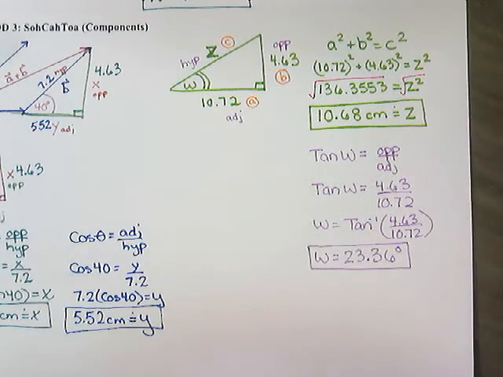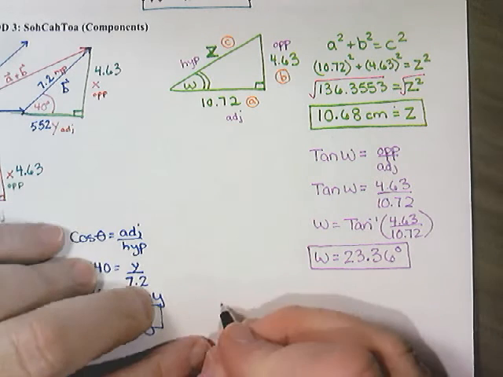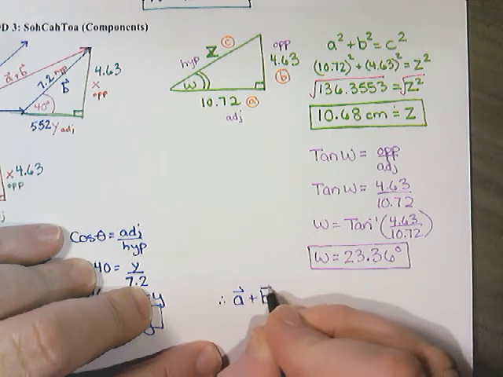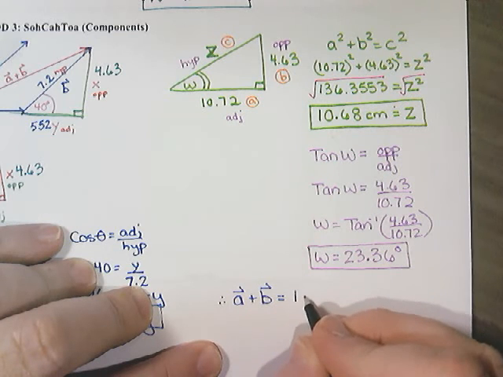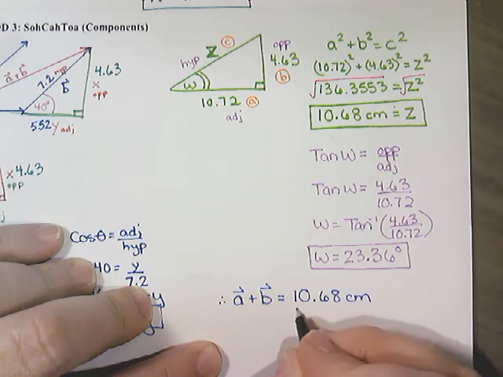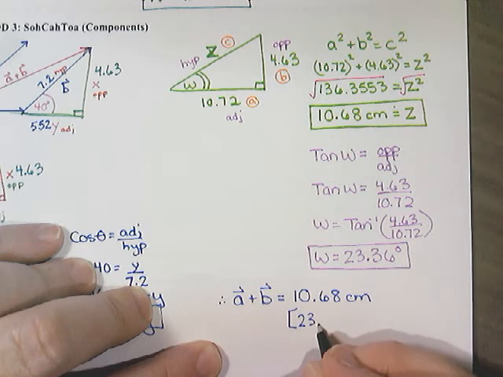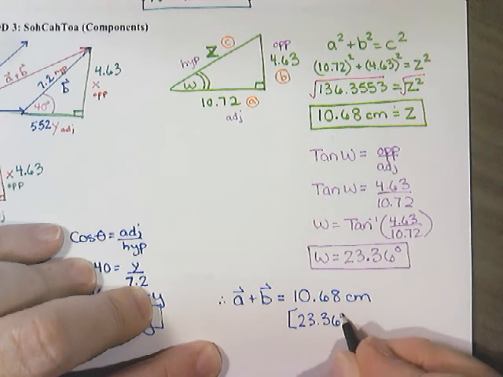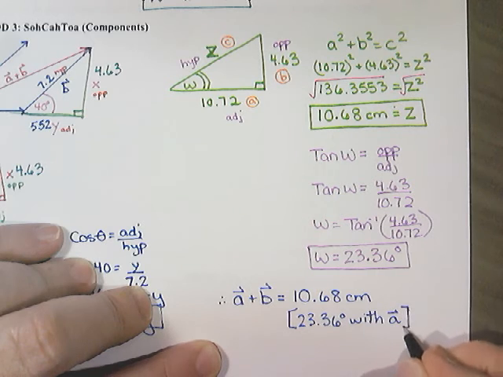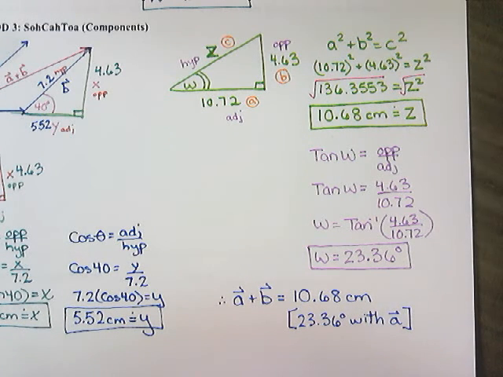All right, so according to these calculations, A plus B is 10.68 centimeters, and it is 23.36 degrees with A. All right, we have now done the same question 3 times, 3 completely different ways, and we got roughly the same answer every time.